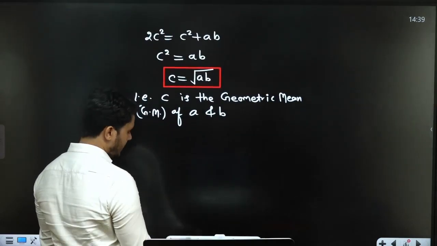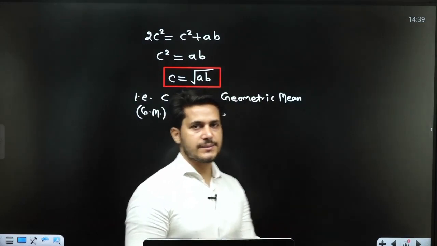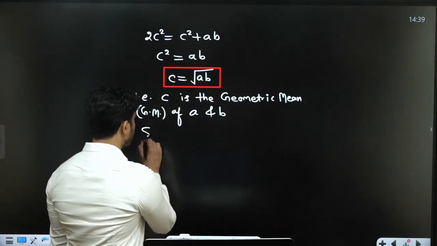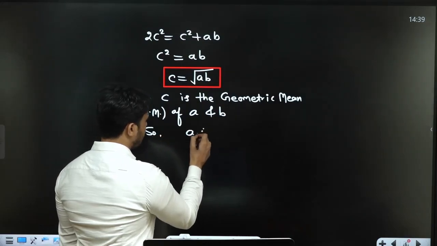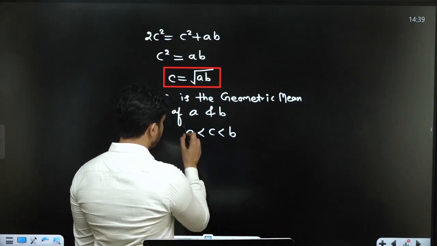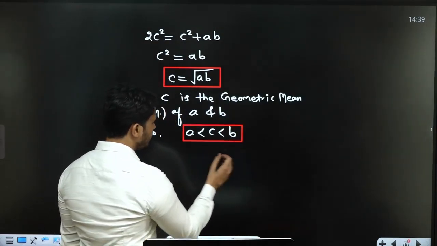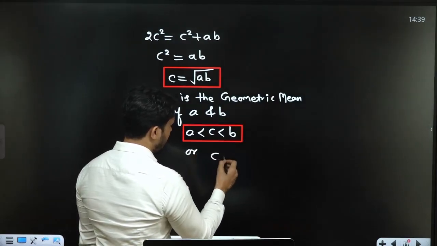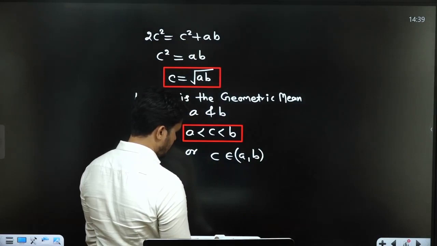So this is the guarantee that you can take c in between a and b. So a less than c less than b, or c belongs to open interval a comma b.